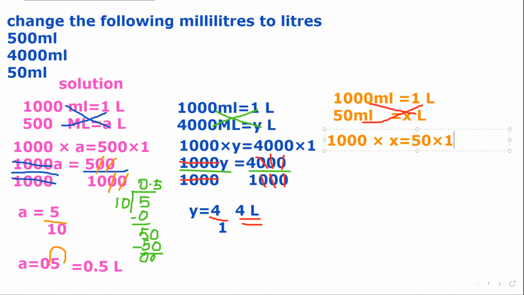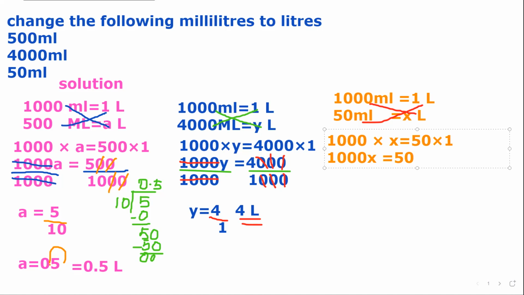So when you do the cross multiplication, the 1,000 times x is 1,000 x, which is equal to the 50.